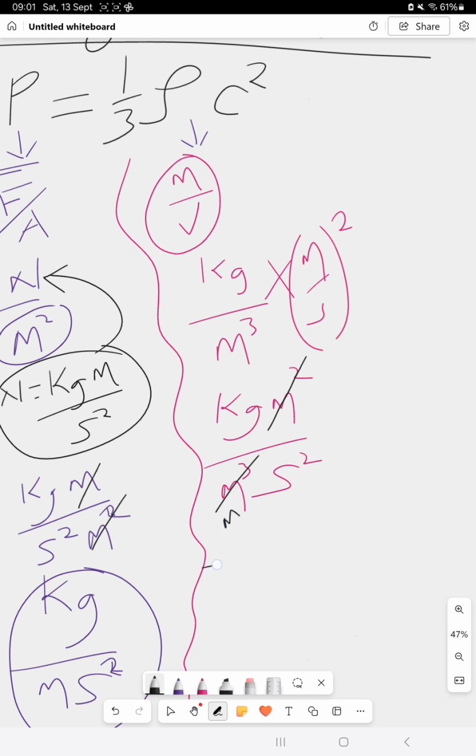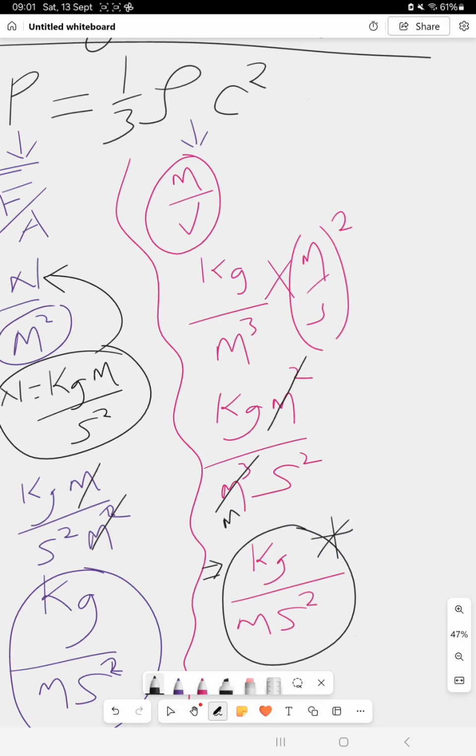Therefore, the final answer will be kilogram over meter second squared. Now this unit here, you realize these units and these ones here, they are the same.